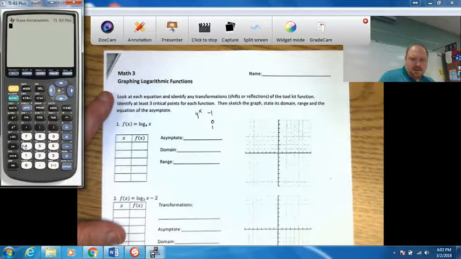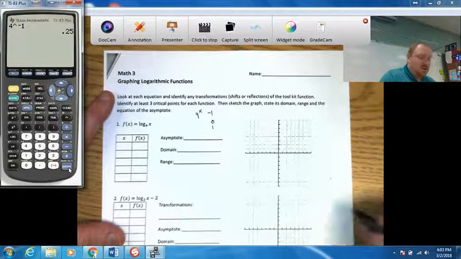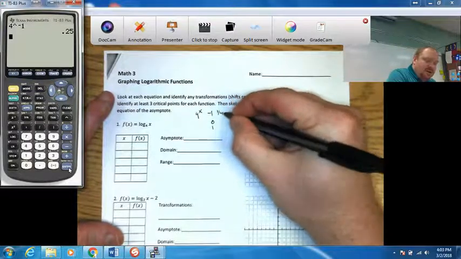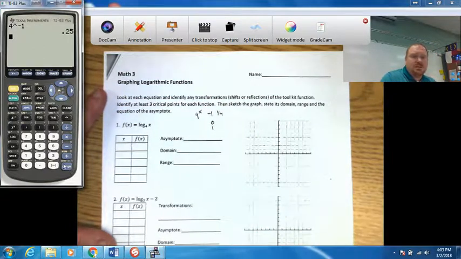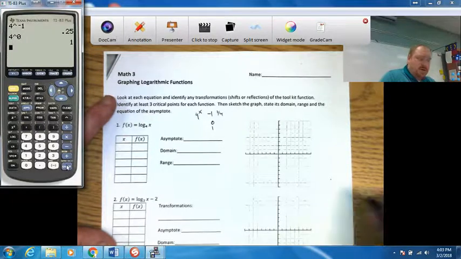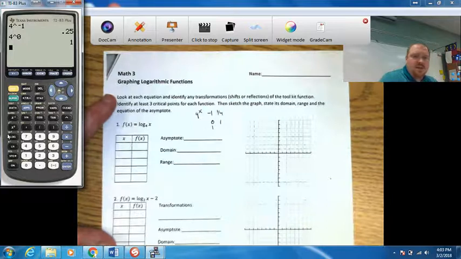Now, in case you've forgotten, anything to the -1 power just makes it a fraction, so it's 1/4. For the purposes of graphing, if you said 0.25, I would be okay with that because it's just an approximation anyways. Anything to the 0 power is 1, and 4 to the first is just 4.